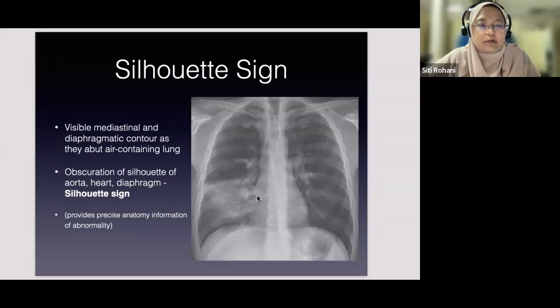When the silhouette is obscured, especially of the aorta, heart, or diaphragm, the obscuration can be because of pathology, for example consolidation or mass. So knowledge of what makes the lines and borders is important for us to detect abnormality on chest X-ray.